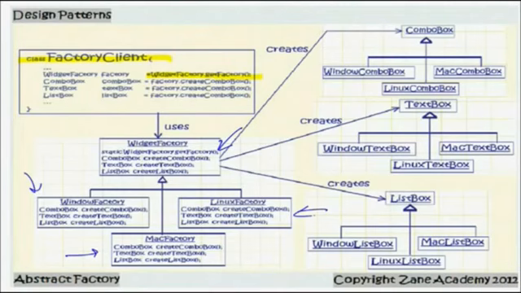And so it would give us back one of these concrete classes, and we would store it here in factory. Then suppose we obtain a Windows factory, we can call these methods on it: create combo box, create text box, and create list box, which are going to end up creating a window combo box and a window text box and a window list box, and are going to end up being stored here in combo box, text box, and list box.